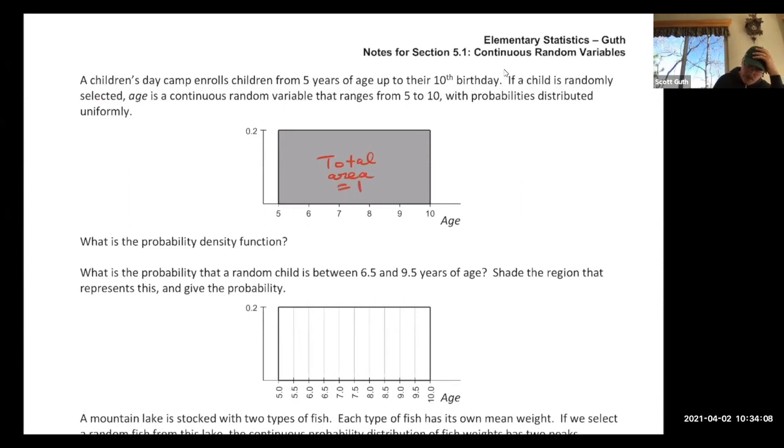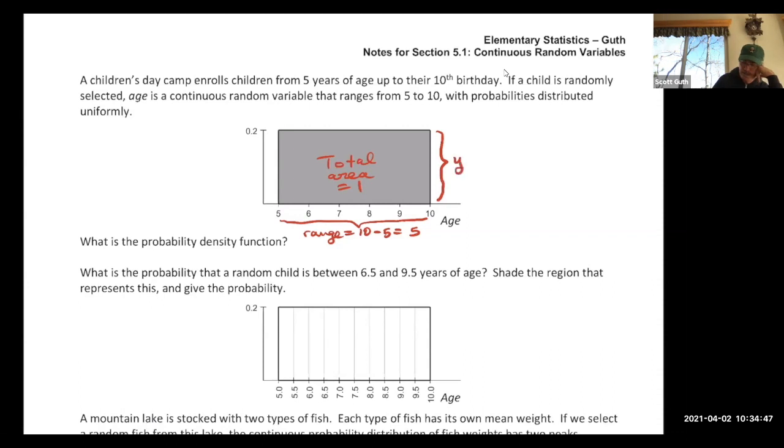Okay. The base, if we do the range, we need this distribution width. So the range is 10 minus 5, and that's 5. Okay, the height has to be the reciprocal of the base because this is a rectangle. Base times height has to be 1.